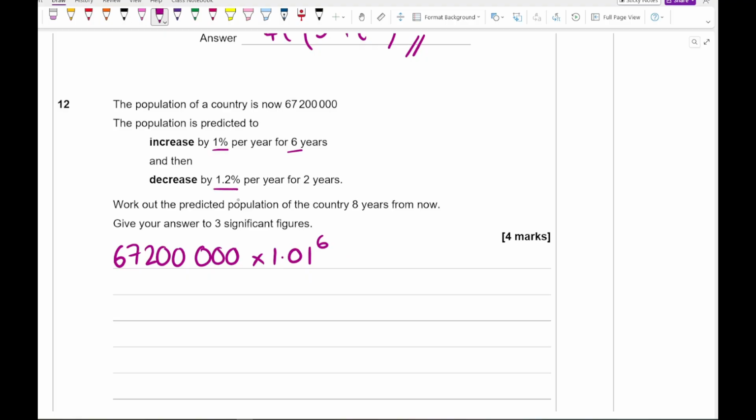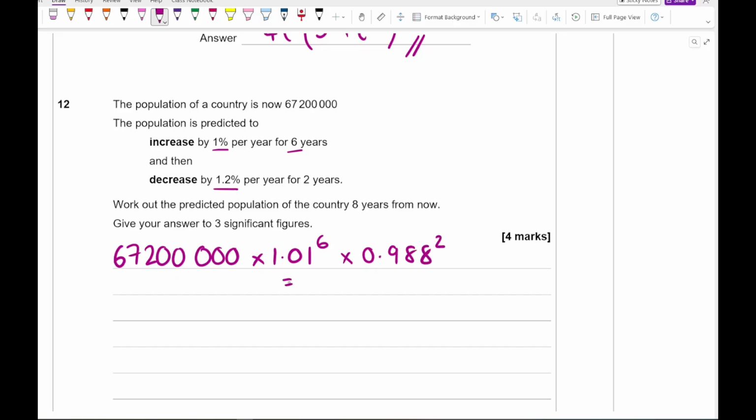Then we're decreasing by 1.2%. So 100% take away 1.2% is 98.8%, which as a decimal is 0.988. So that's going to be multiplied by 0.988 to the power of 2.